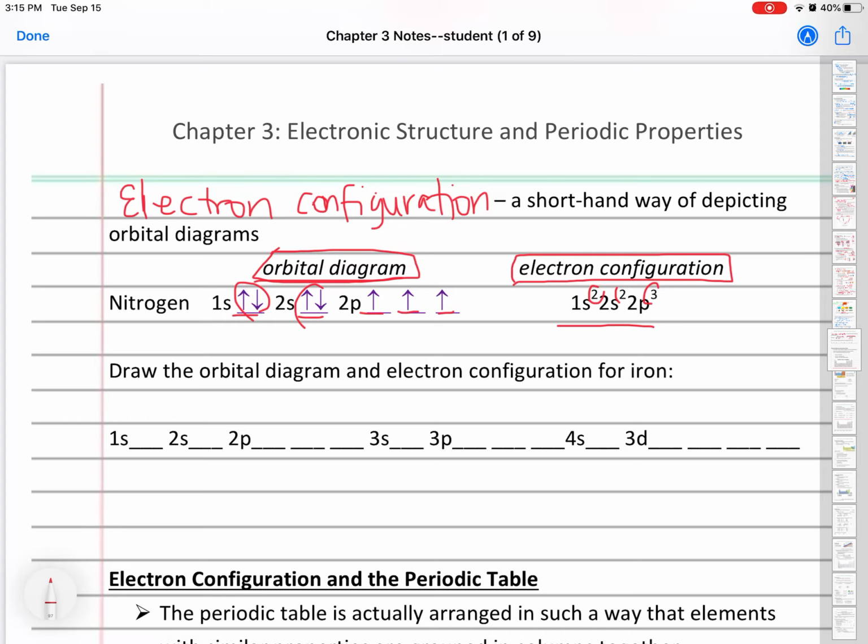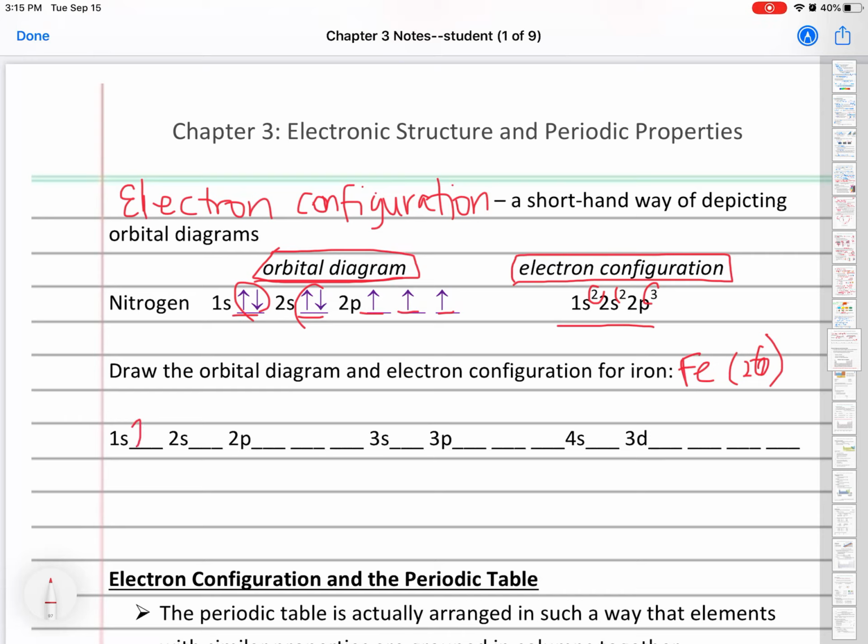All right. So this question says, draw the orbital diagram and electron configuration for iron. If we look on our periodic table, there's one if you scroll down at the bottom of this page, and I'm just going to look at it on my screen. So iron is element 26, meaning it has 26 protons and 26 electrons.